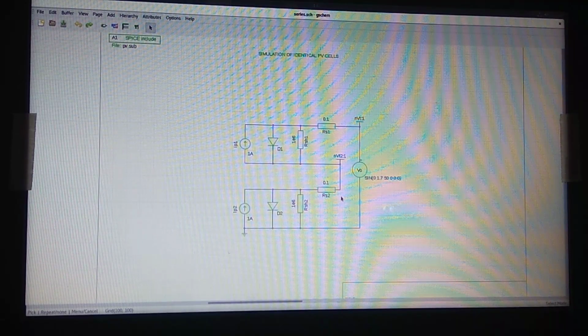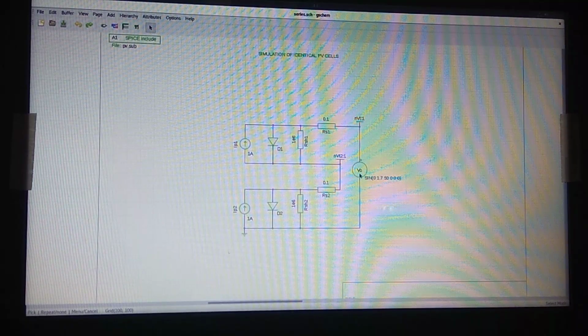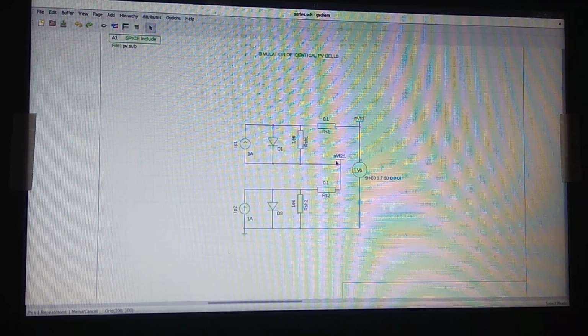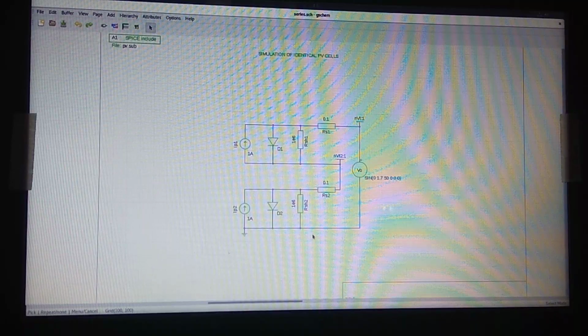This cell is connected in series to this, and the terminals where the load is connected are across this point, where we have connected a voltage source, a sine varying source, which is supposed to provide the x-axis sweep. I have named the node NVT for the output terminal, and NVT2 for the terminal which measures the terminal voltage for cell 2, the bottom cell.